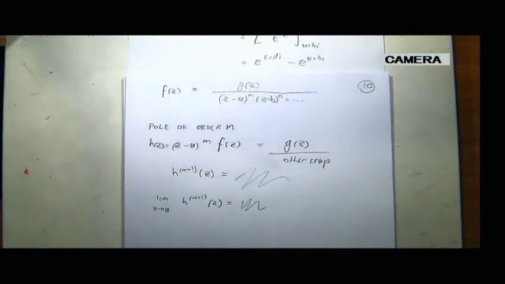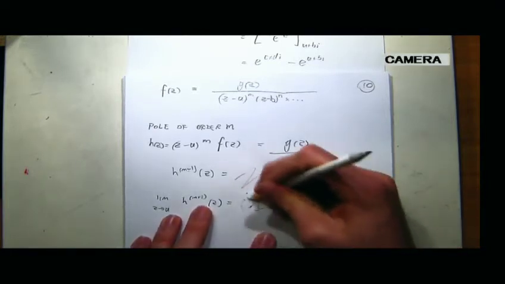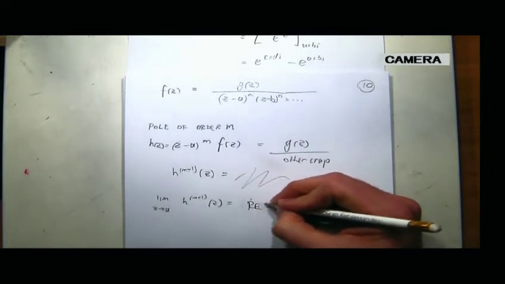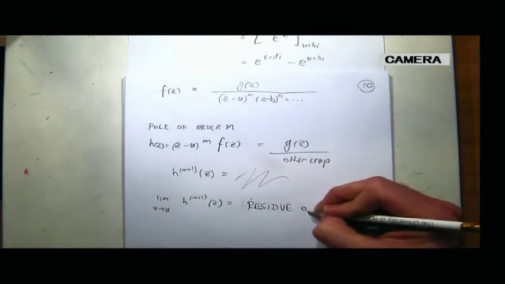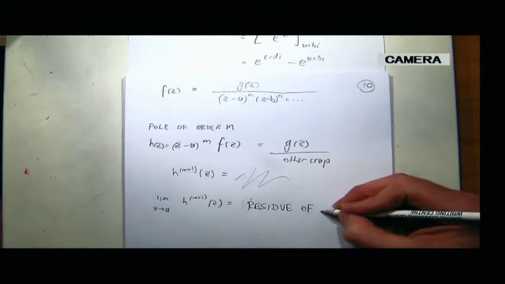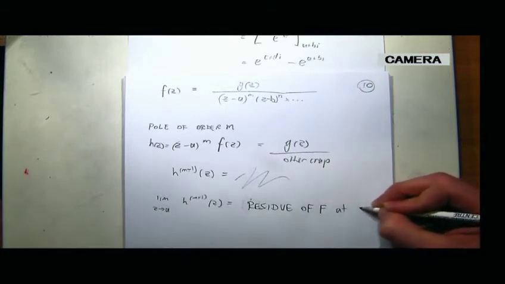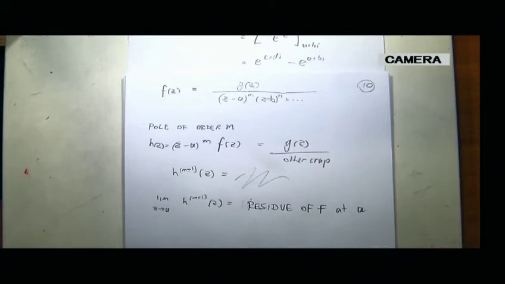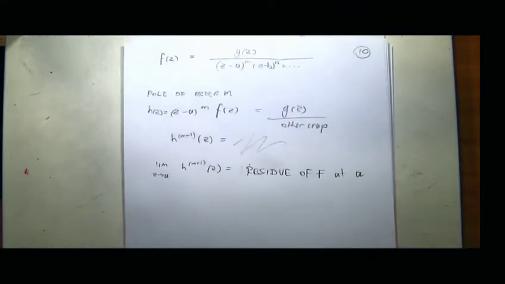And that complex number is the residue. And then the integral, okay, the integral around any closed path that contains the point a will be that times 2 pi i.